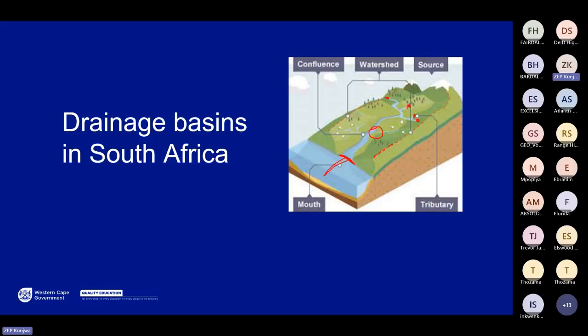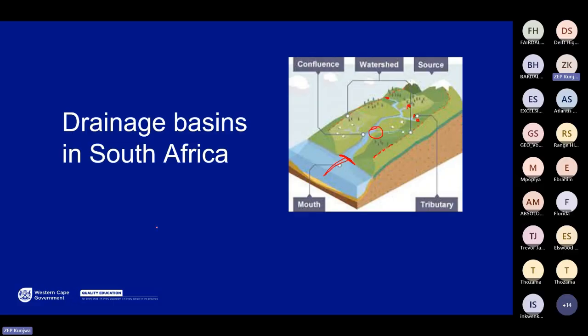The head they are talking about is this watershed here. The role of the watershed is to separate two drainage basins or two river systems. It is a high-lying area that separates the two drainage basins.